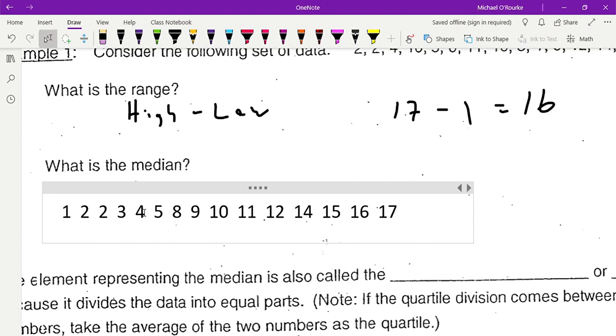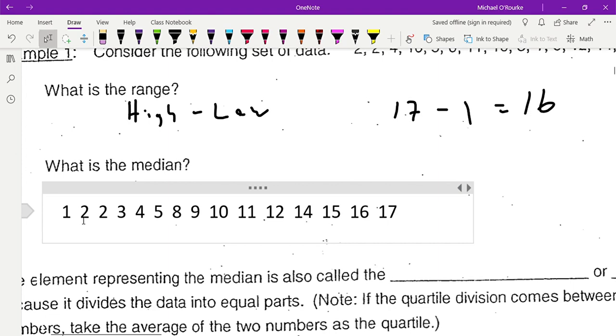Do I have 15 on there? Yep. 6, 7, 8, 9, 10, 11, 12, 13, 14, 15. Okay. So we have 15 points on there. And our median is the middle point. So what's half of 15? What's going to be our middle point in 15? Or the 8th one, right?